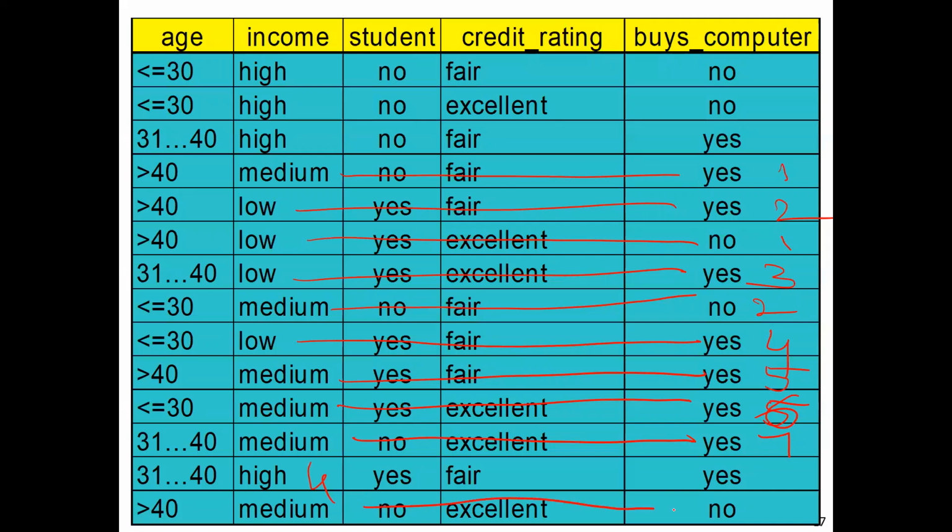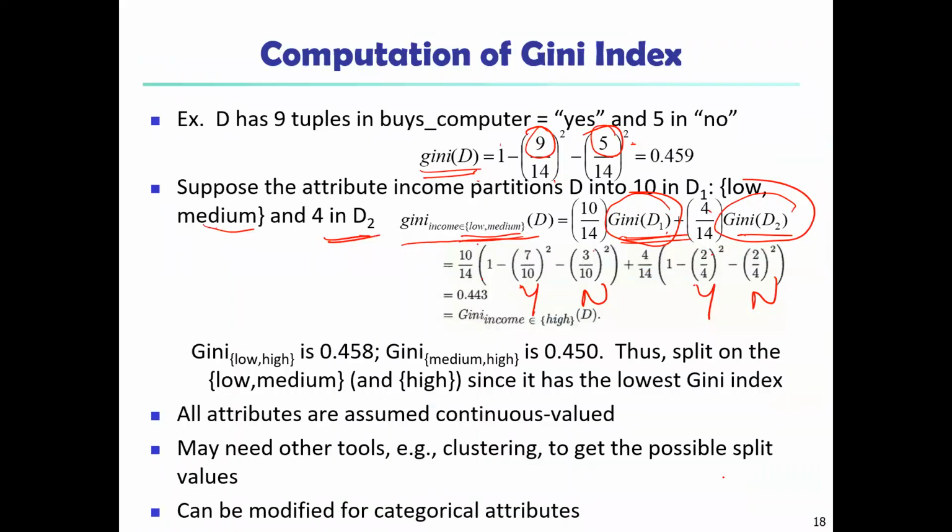Here for medium again no, so here total 2 no's we got. So this is the third no. So in total, 7 yes and 3 no's are there for low and medium.